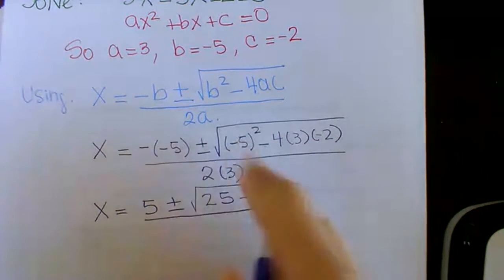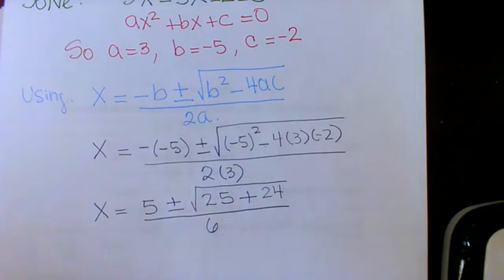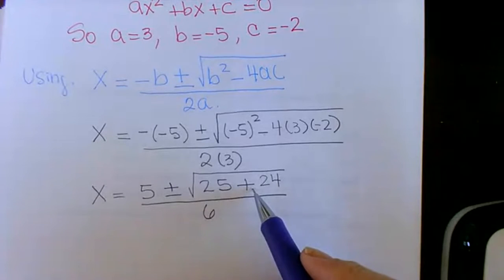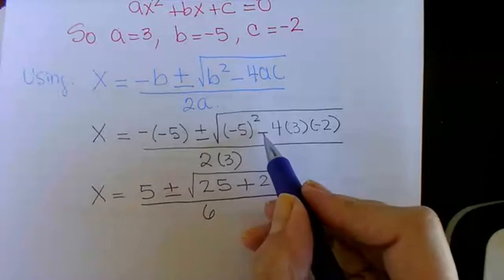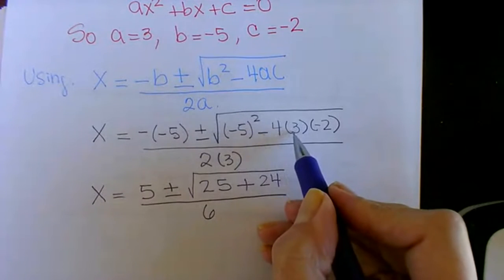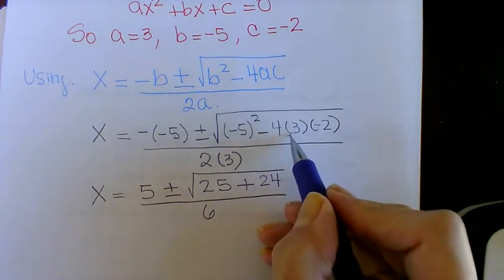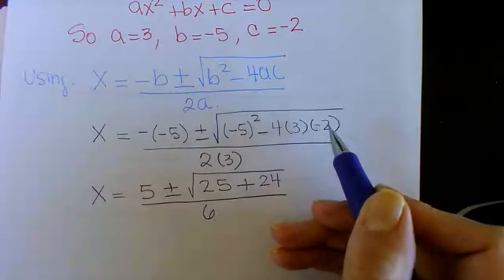And 2 times 3 has to be 6. Negative 24, because it's negative 2. No, because when you multiply negative 4 times 3, it gives you negative 12. Negative 12, okay.